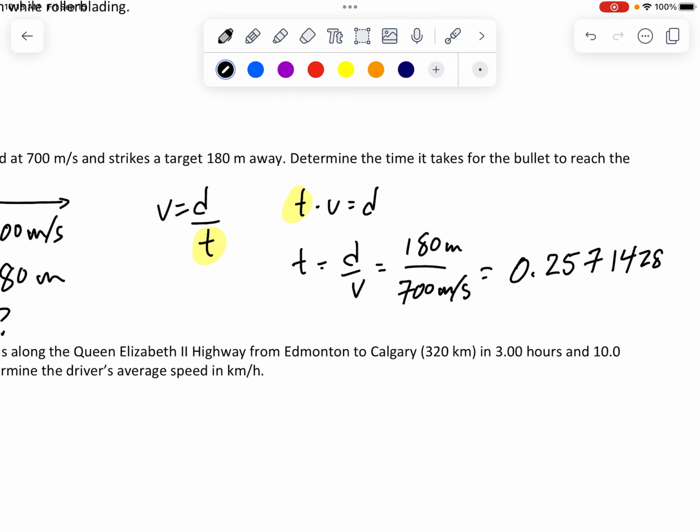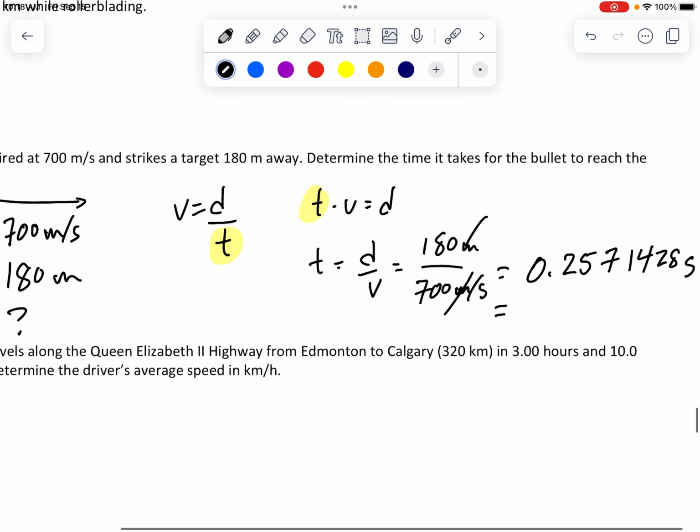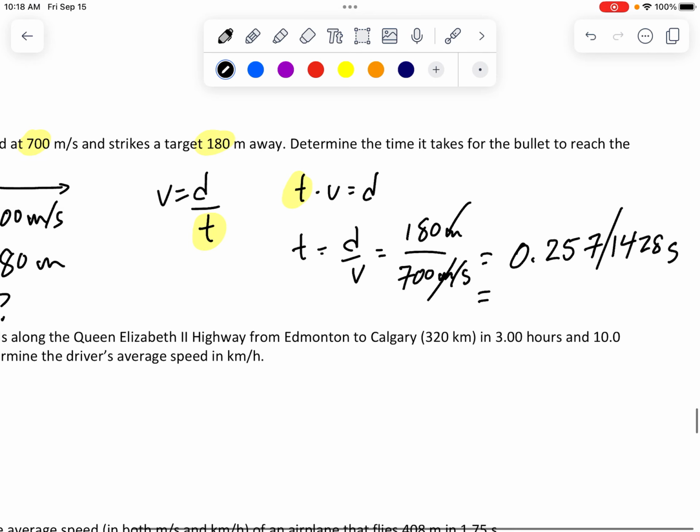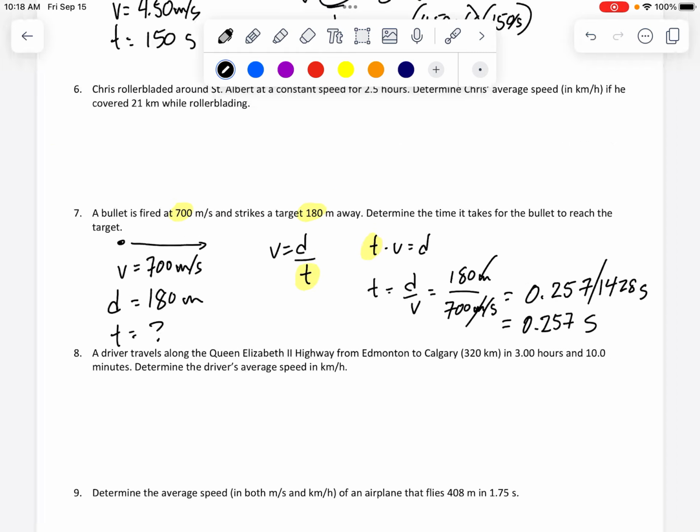And in this case, it's meters, and there's 1 over seconds, so that's seconds. Now, I had 3 sig digs in this number and 3 sig digs in this number. I'm dividing, so I should have 3 sig digs here. So it'll be 0.257 seconds. Okay.